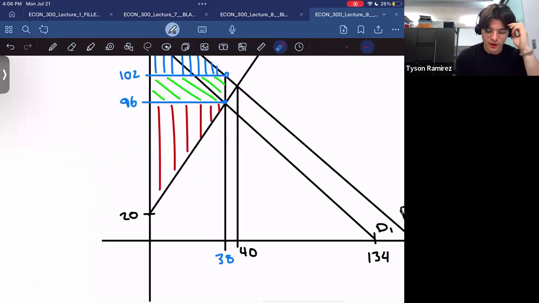I'm sorry, 38 is the number of things being sold, and that's this measurement. And then times what is the tax per unit? That's this measurement, it's 6. So all of that green area, the tax amount times the number of things sold, that's the total tax revenue.